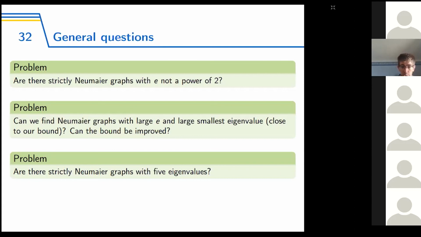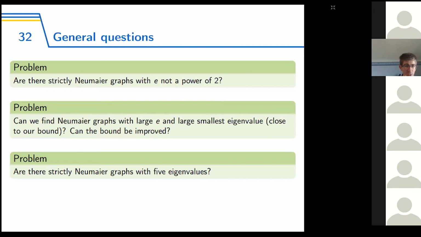Related to this, the question: can we find Neumaier graphs with a large e and a large smallest eigenvalue, maybe close to our bounds? The bound is now a polynomial of degree 5. I guess it should be possible to improve this, but we couldn't manage so far.